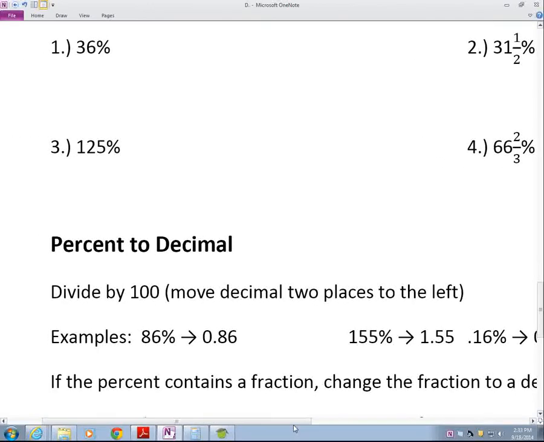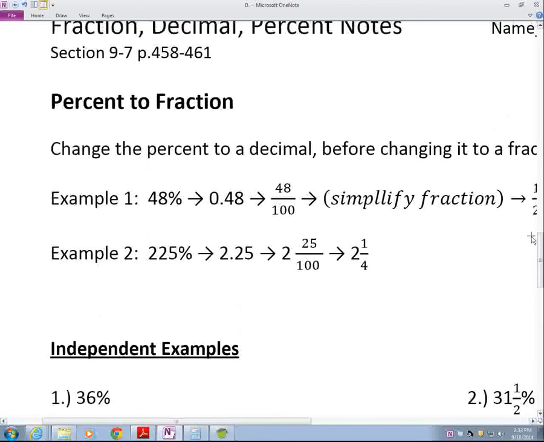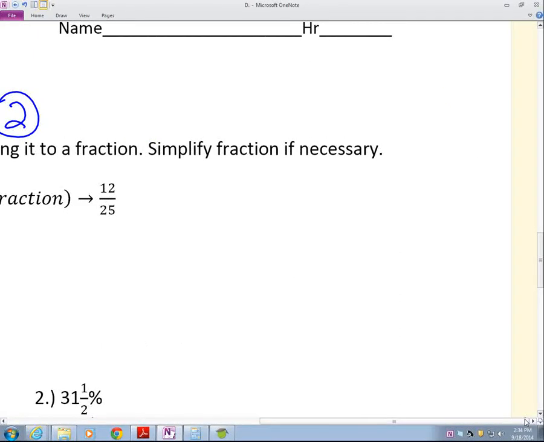This one here says percent to fraction. When we're doing a percent to a fraction, the first step is to change the percent to a decimal. Before changing it to a fraction. Then we have to simplify if necessary.